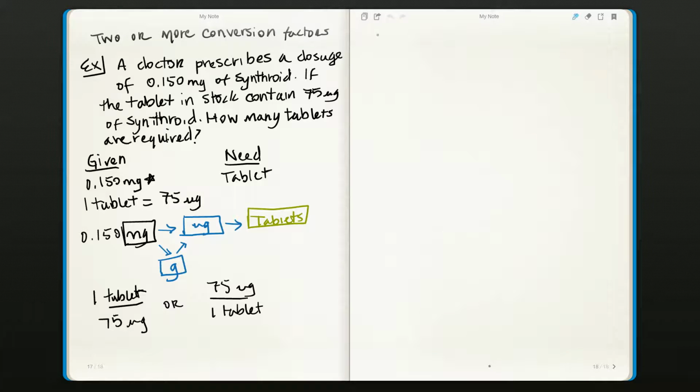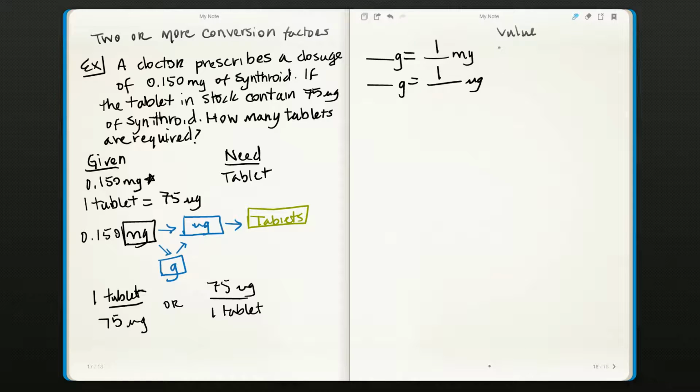Now, our next equalities, so we need to write two here. Grams equals how many milligrams, and how many grams equals how many micrograms. So remember, follow those rules. Put a 1 where your prefix is, and then look up the value of your prefix.